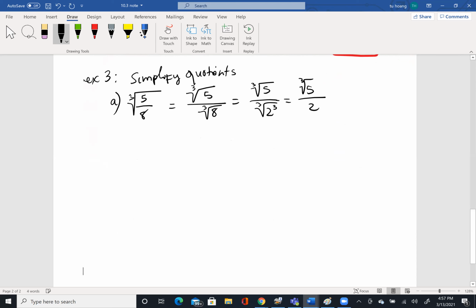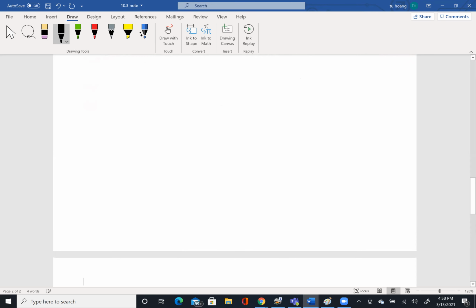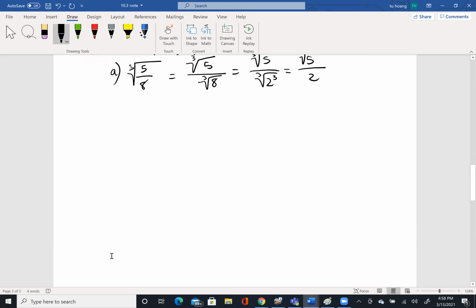So now let's have another column. Let's say B, fourth root of x over 16. I can rewrite it as, in the radicand x over 16, you can't do anything, right?